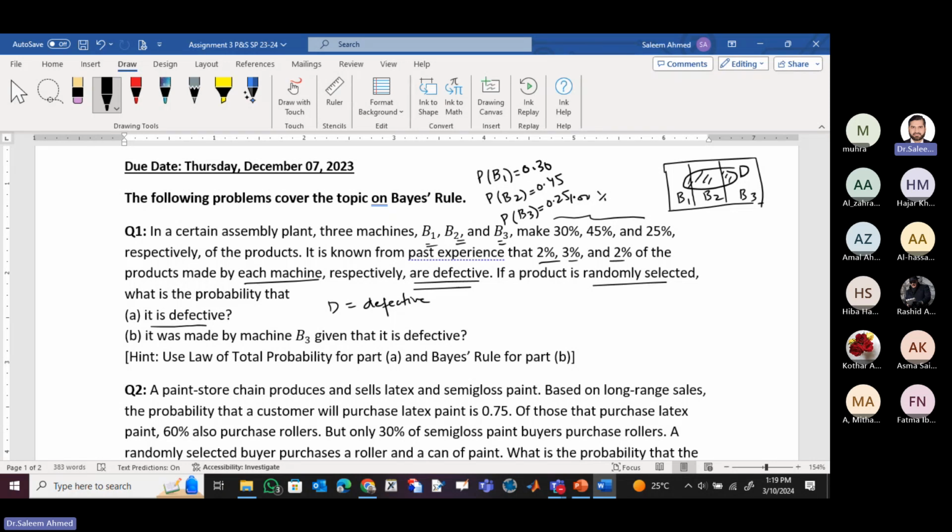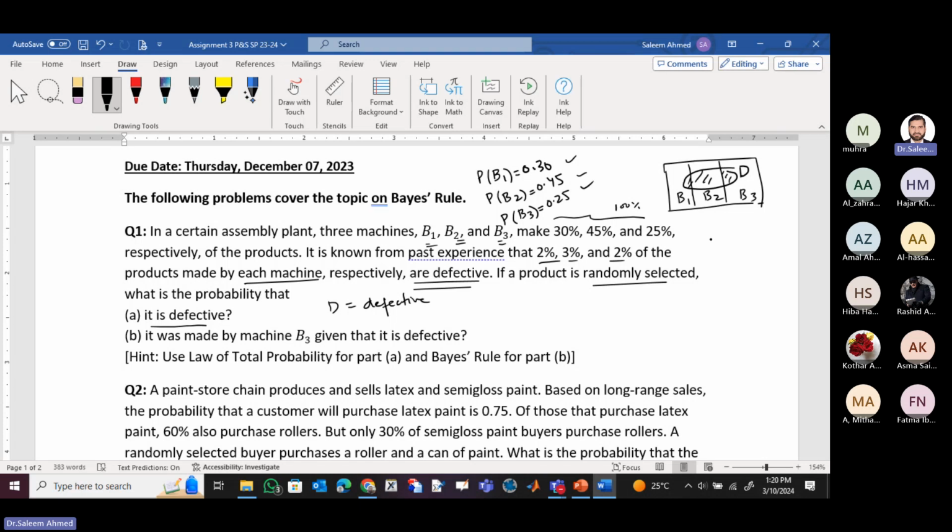So the sum is 100%, right? Anyway, we got three probabilities.